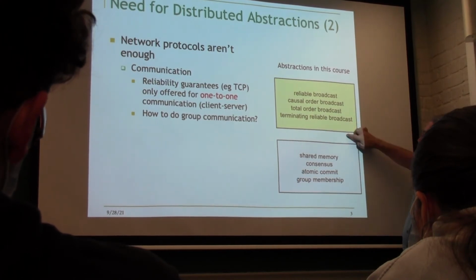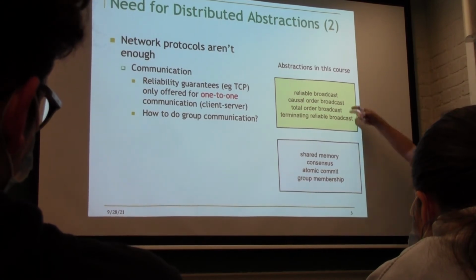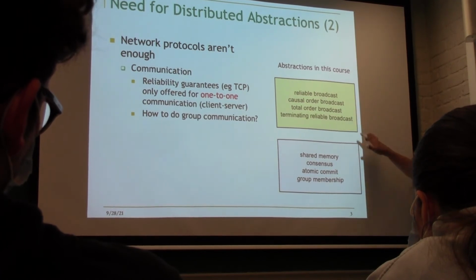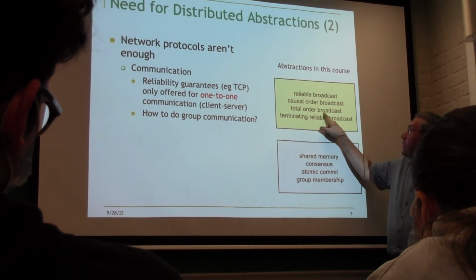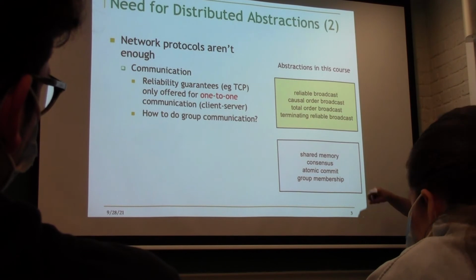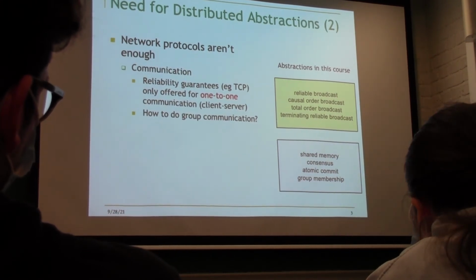So we're going to see those algorithms. The first one is reliable broadcast, which even works when there's failure. Then there are others: causal broadcast, which you need for chat, respecting causality; total order broadcast, which I mentioned already in the first lecture; and funny ones like terminating reliable broadcast, which I will explain later.